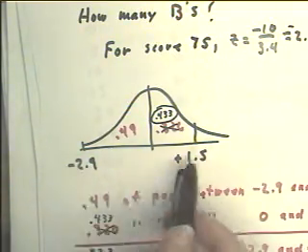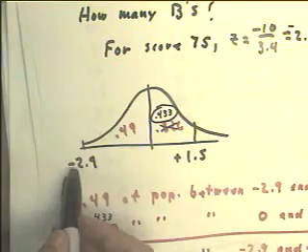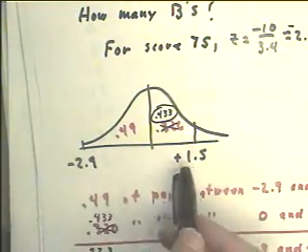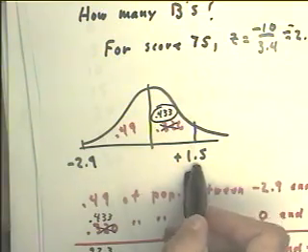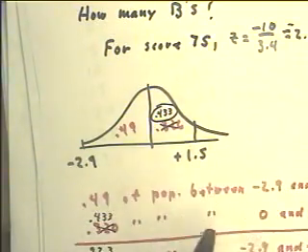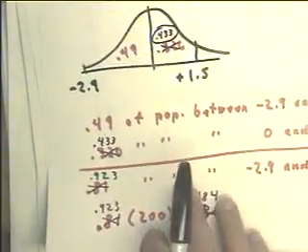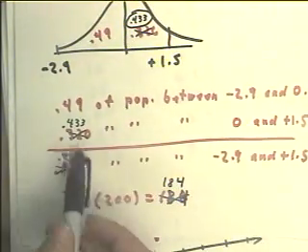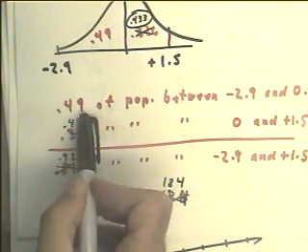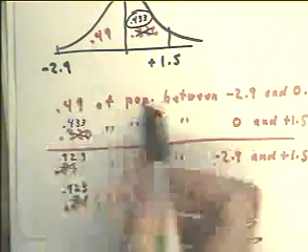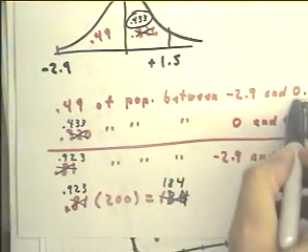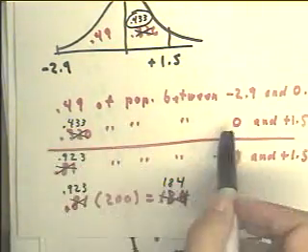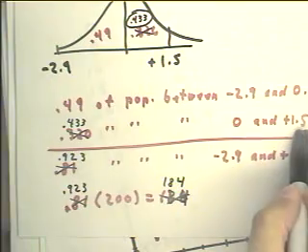Now when we draw the picture, we certainly want to take the negative and the positive into consideration. Between negative 2.9 and plus 1.5 is very different than between 1.5 and plus 2.9, for example. The information that we've got then says that 49%, or 0.49, of the population lies between negative 2.9 and 0, and 0.433, or 43.3%, lie between 0 and 1.5.